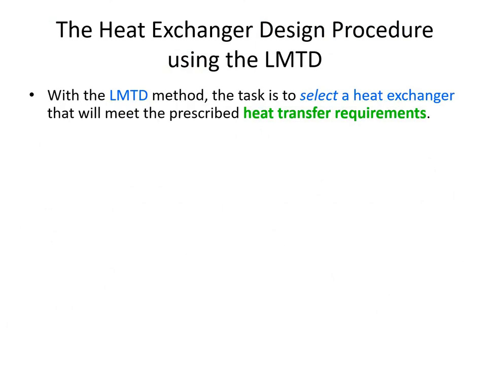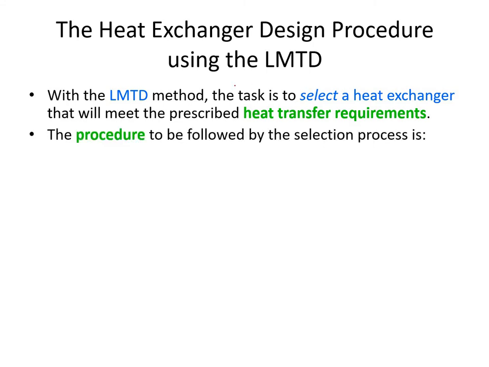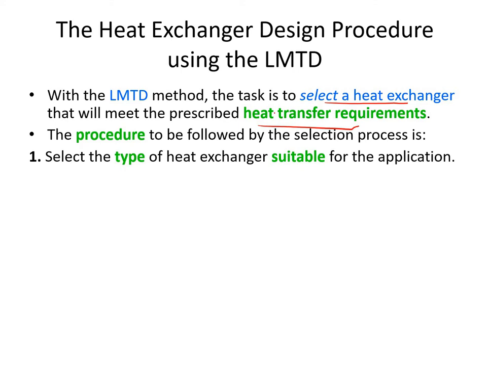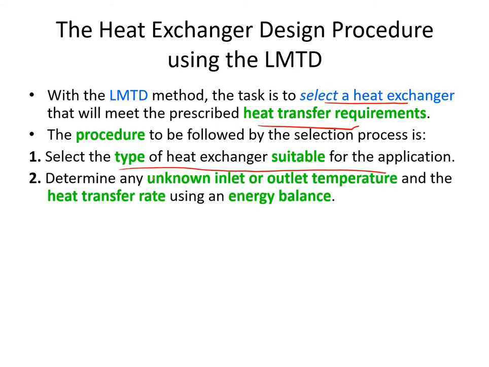Now, the heat exchanger design procedure using the LMTD. With the LMTD method, the task is to select a heat exchanger that will meet the prescribed heat transfer requirement. The procedure to be followed in the selection process is, first, select the type of heat exchanger suitable for the application. Second, determine any unknown inlet or outlet temperature and the heat transfer rate using an energy balance.